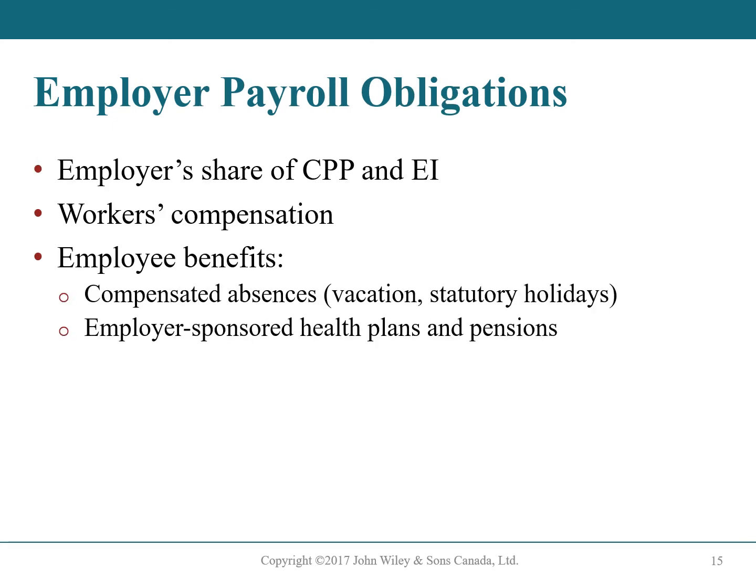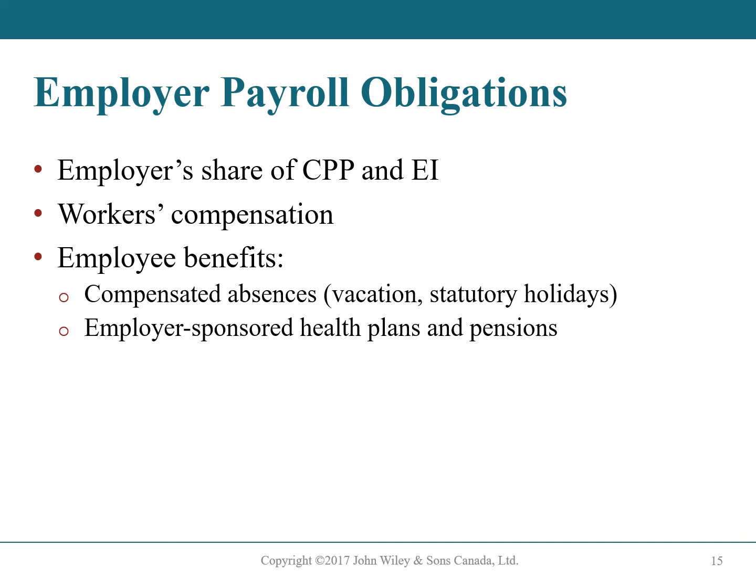The third type of liability is employer's payroll obligations. In addition to the liabilities incurred as a result of employee payroll deductions, the employer is also obligated to pay into programs such as CPP and EI and into provincial government programs such as workers' compensation plans.